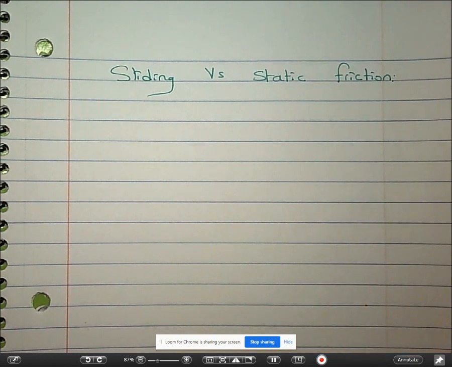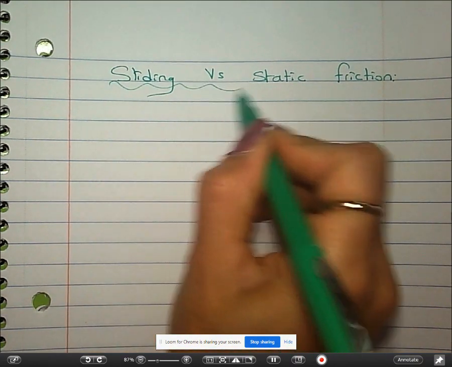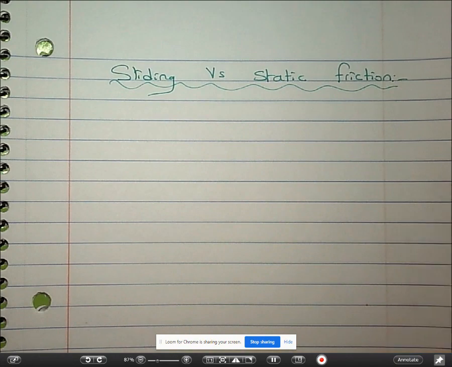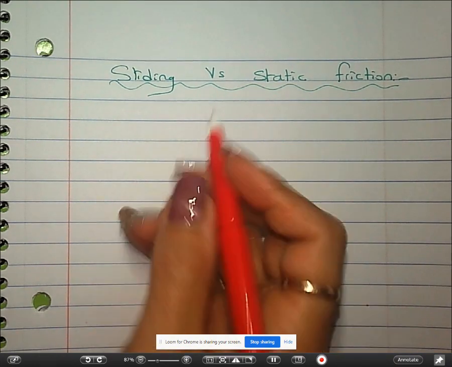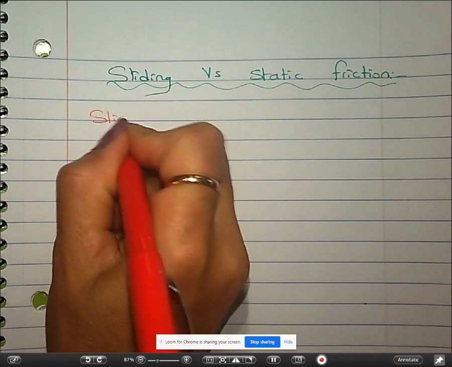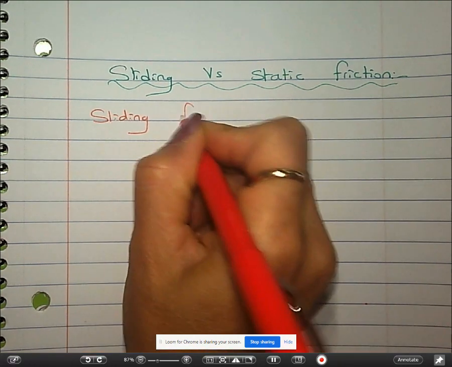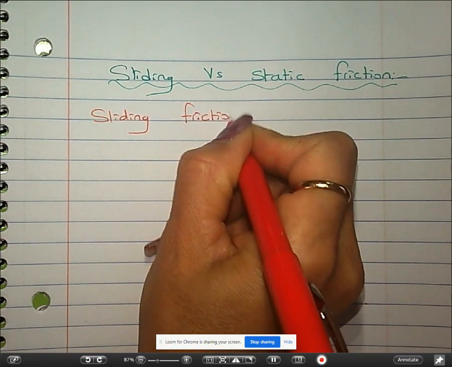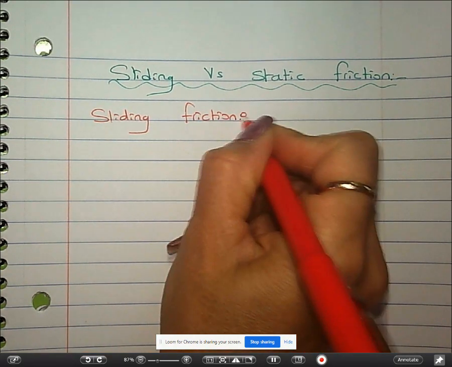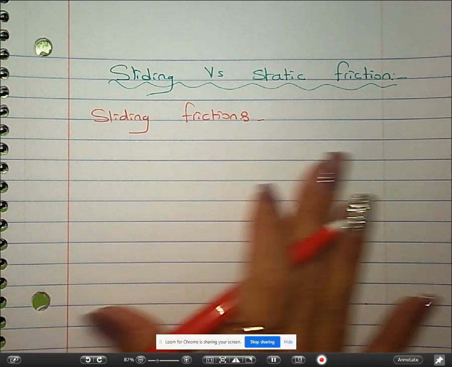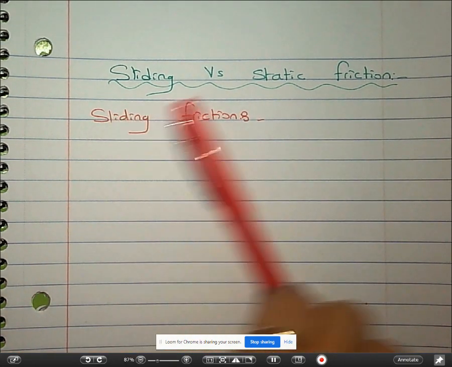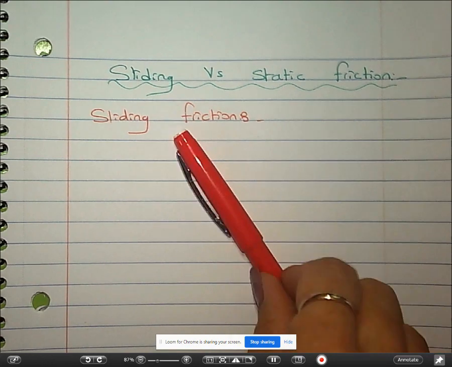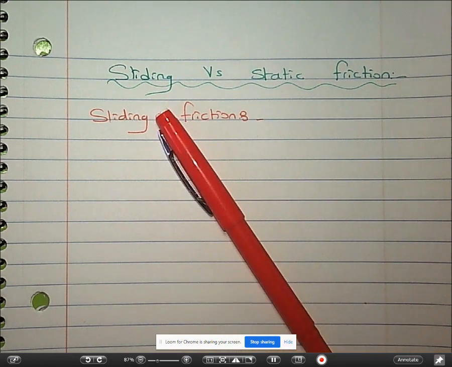Just really briefly, when we talk about sliding friction, it's the result of something moving, sliding, and getting in contact with another surface, and that is slowing it down for whatever reason.